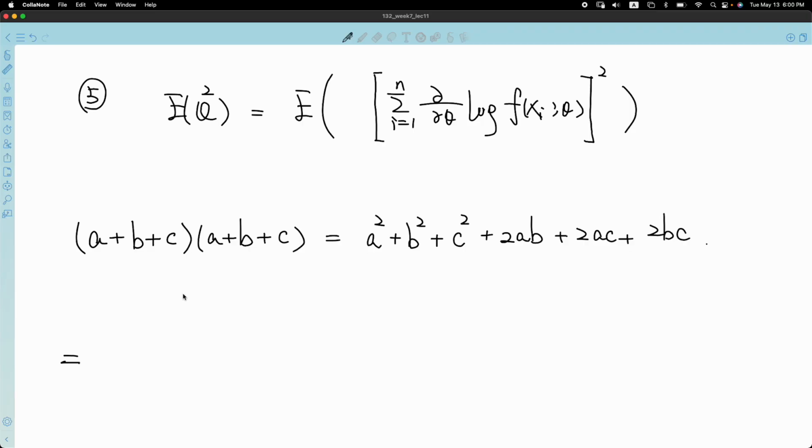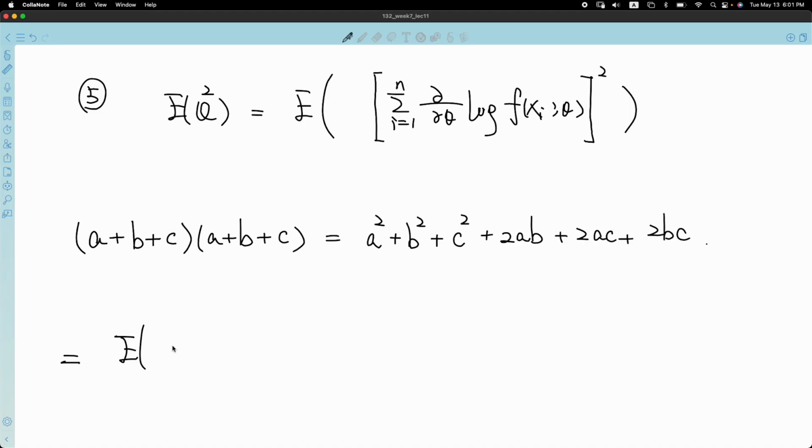I'm not going to rewrite again, just continue the equal sign here. You will have the expected value. I'm doing 2 things together. First, I calculate the individual squares, and then I decompose each term, because the expectation is a linear operation, so I distribute the expectation to each of the squares.